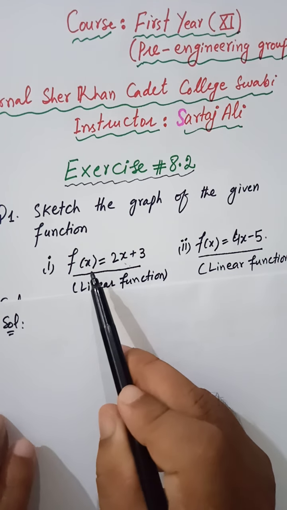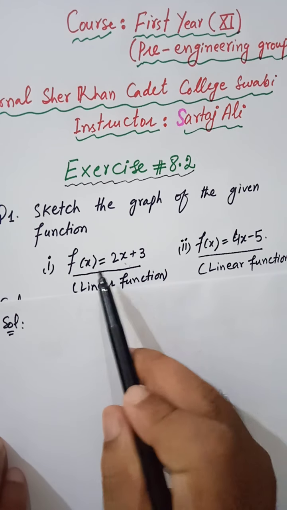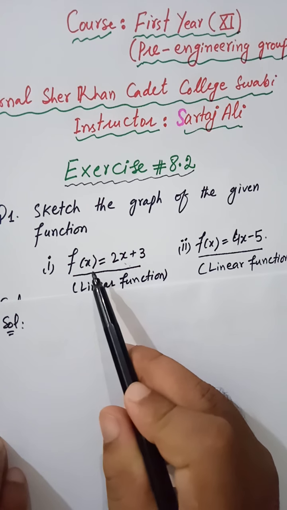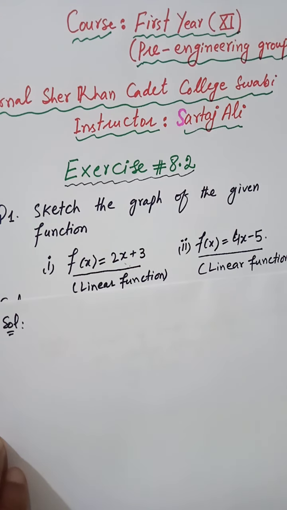Making together the argument and the output, you make an ordered pair. You will get different ordered pairs, but I am interested in two ordered pairs which are the points that lie on the x-axis and y-axis, because the straight line will always pass through the x-axis and y-axis. So actually we are interested in finding the x-intercept and the y-intercept. This is the idea for drawing the graph of linear functions.